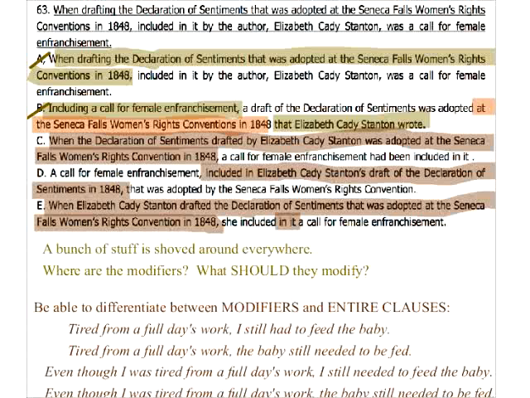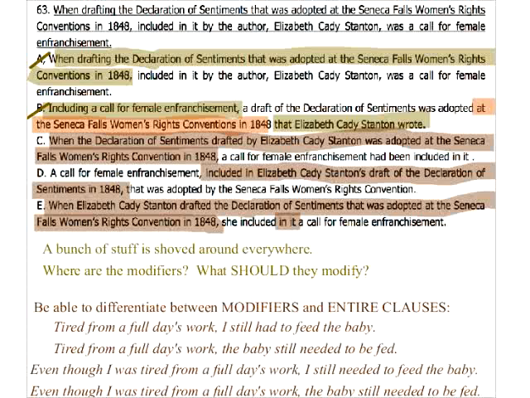Okay. What's important to understand here is that modifiers have to modify stuff and full clauses don't. So these are modifiers, the ones that say tired from a full day's work. That's a modifier.